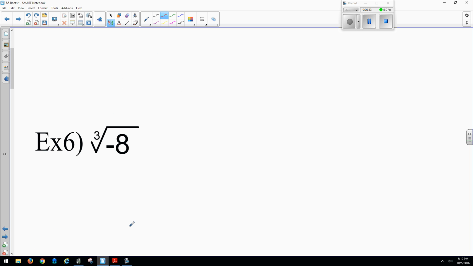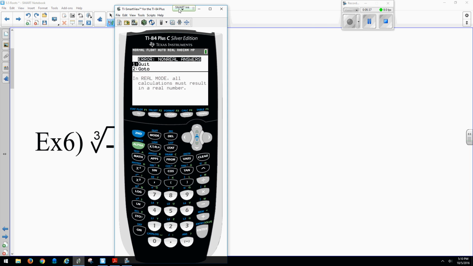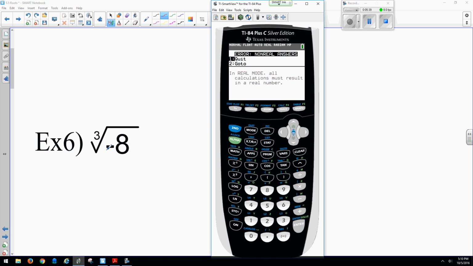However, for this one, if I pull up the calculator again, I just want to show you how to put in the cubed root of negative 8. So I'm going to clear that out. And the cubed root is under the math menu. So go to math. Cubed root is choice 4. And I'm going to type in negative 8. You'll see that there is in fact a solution here.